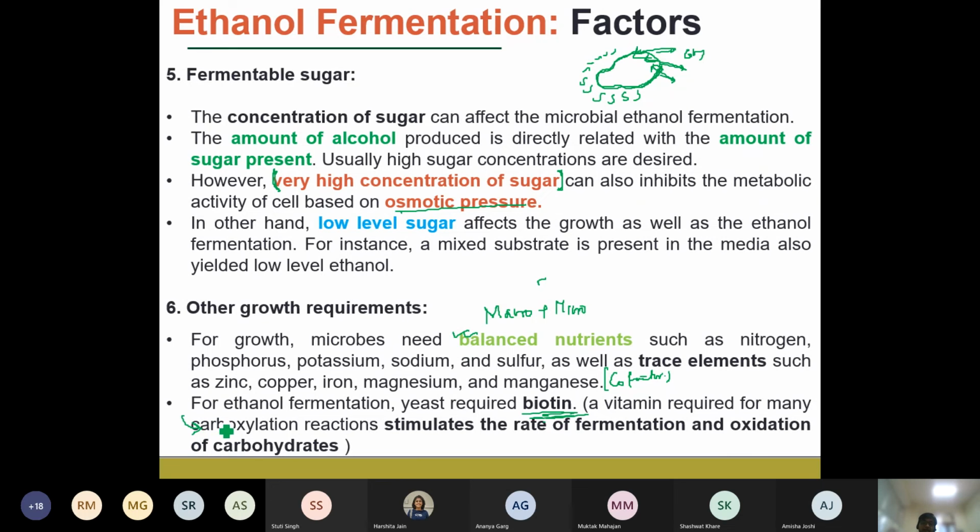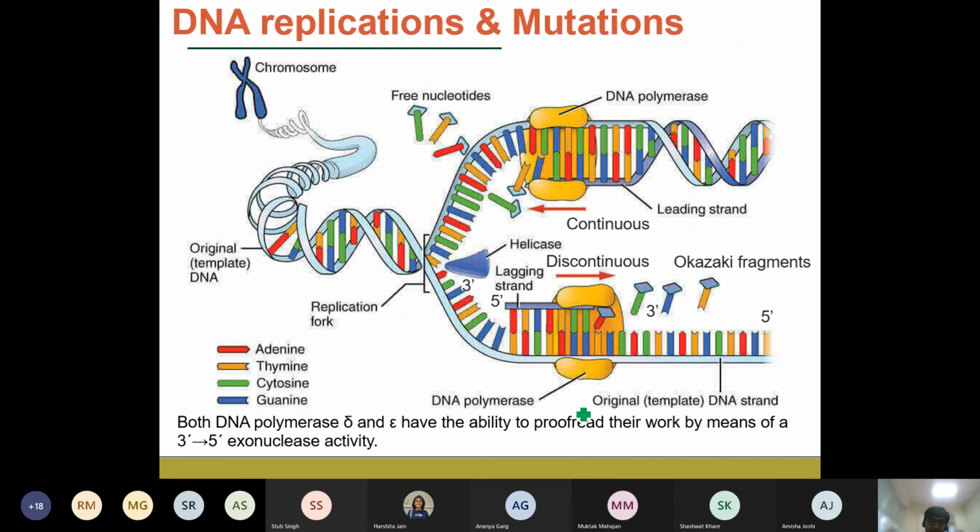So this biotin helps in the carboxylation reactions. Generally we have the carbohydrates, the glucose molecule, where we have to carry out the carboxylation modification, and for that the biotin is required by the yeast.